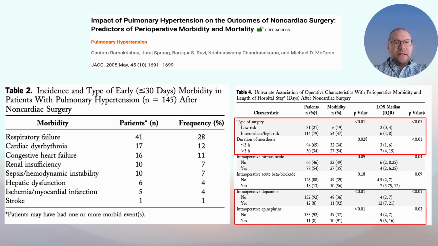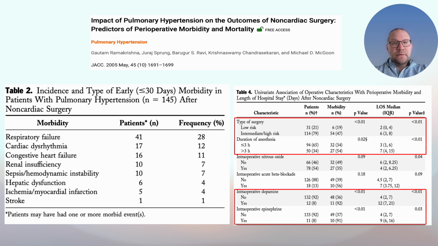In table 2, we have the incidence of early morbidity in these patients, and you see the N of 145. So out of that 1,300, 145 were included for analysis, and you can see different types of morbidity, with, not surprisingly, respiratory failure as the highest frequency.